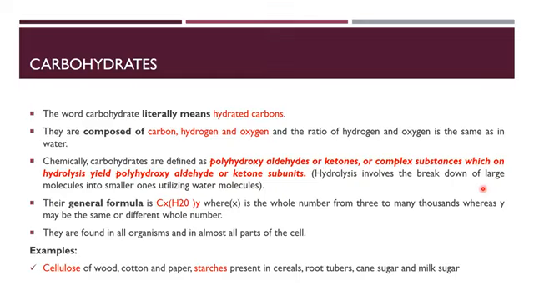The carbohydrates are made up of carbon, hydrogen, and oxygen, and the ratio of hydrogen and oxygen is just the same as in water. As you can see here, the general formula of all carbohydrates is Cx(H2O)y. So H2O means the ratio of hydrogen and oxygen is exactly the same as that of water.